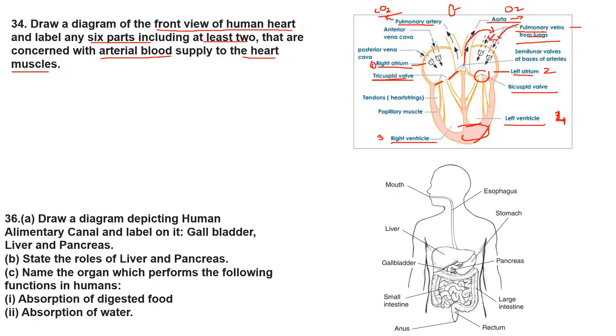Once the blood passes from the right and left atrium to the right and left ventricle, these valves get closed. Why? To avoid backflow of the blood. Then there will be ventricular systole. Systole means contraction.